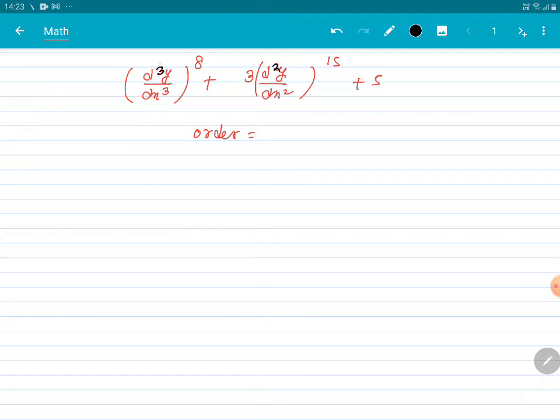Don't take the power or multiply. Remember, this is the power and this is the order, so the order is 3. What is the degree? The degree is the power of the highest order derivative. The power is 8. Clear?